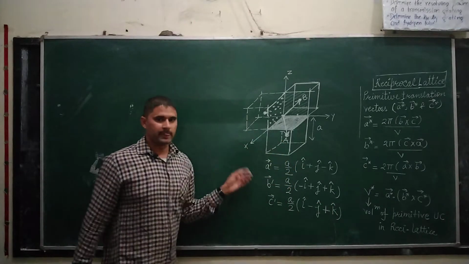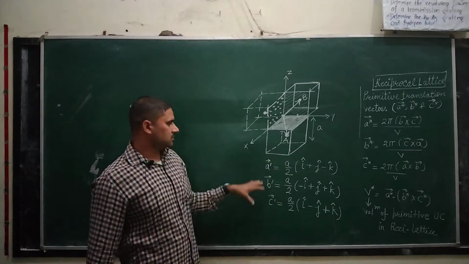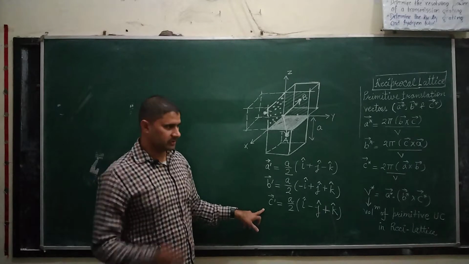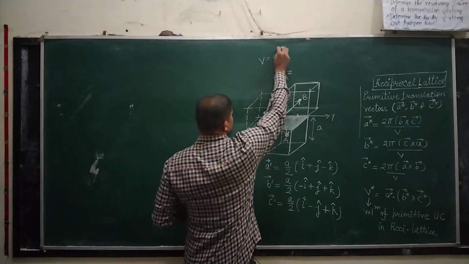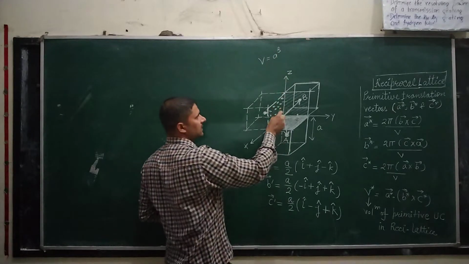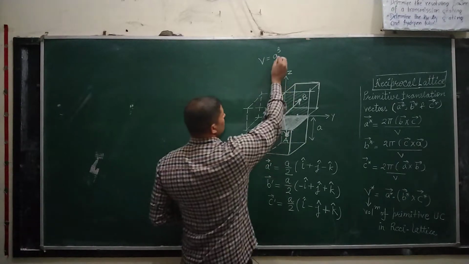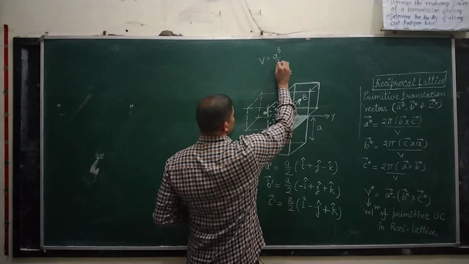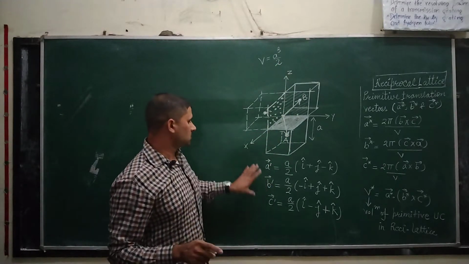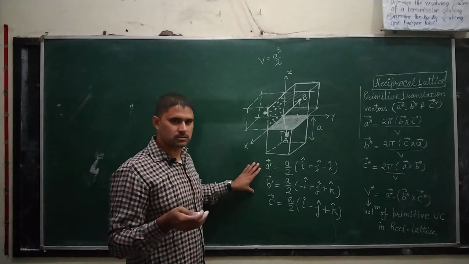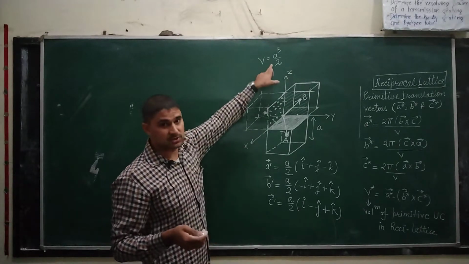Now we have to think why we are taking these unit vectors. We have discussed, for a simple cubic the volume was a cube, and here the effective number of particles is 2, so the volume occupied by one particle must be a cube by 2. So we need to choose such primitive vectors which give us this much volume.